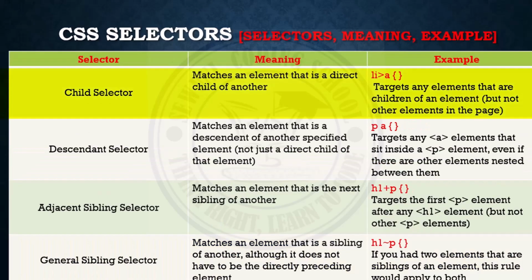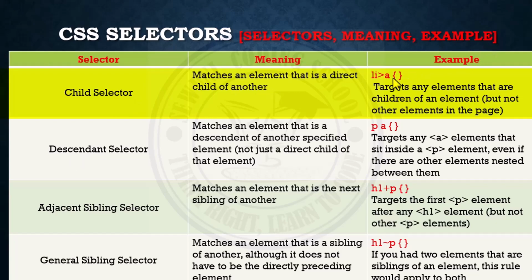There's a child selector. Let's say you have a parent element, and within the parent element there is a child element. You can decide to target only the child, so that it doesn't apply to the entire element. Let's say an ordered list contains a list of items. You can decide to take a particular list item, let's say the third one, and style it by giving it a particular class or ID so we can easily target it. But the child selector matches an element that is a direct child of another.